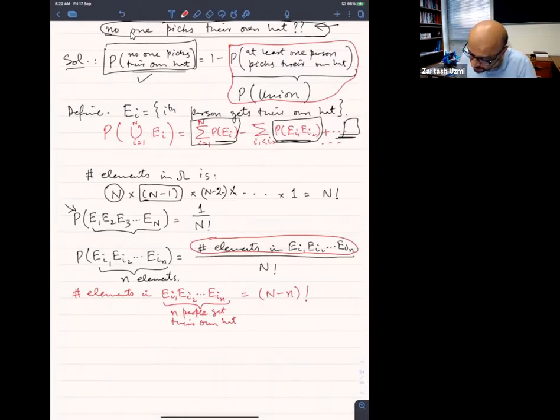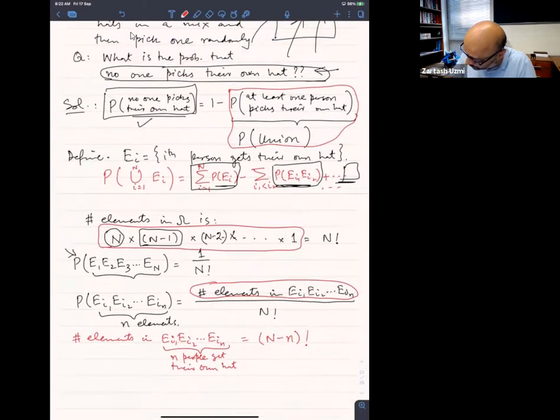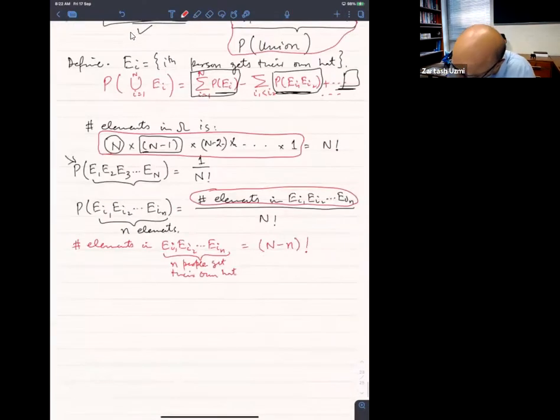बिल्कुल उसी तरह से आया है जैसे हमने कहा था कि ये जो n people हैं, इनकी sample space में the number of sample points है that you have capital N hats and capital N people. You want to distribute capital N hats to capital N people. There are n factorial ways to do that.